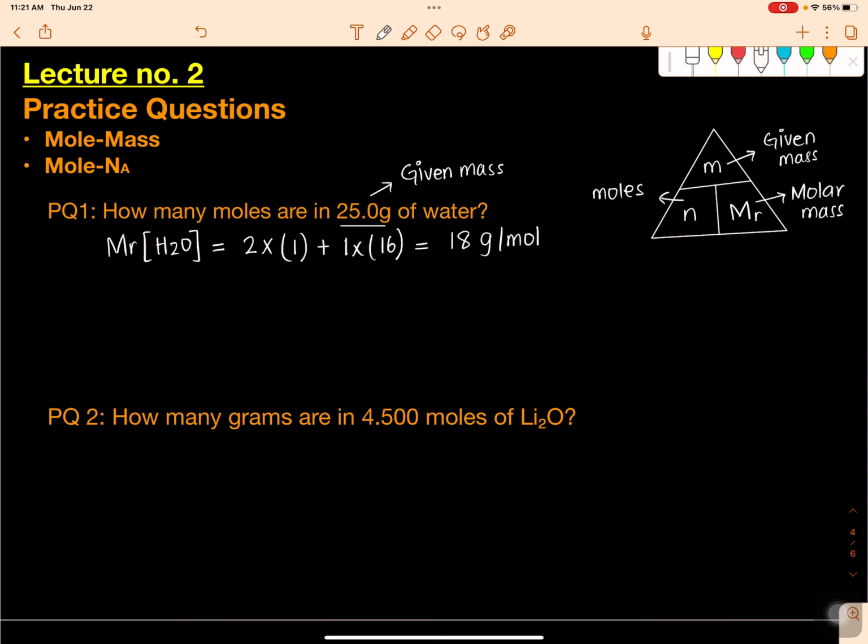Now, using the formula, we have the two other quantities. If number of moles is our subject that we need to find out, then the ones which are one above the other will make a formula in a divided function.